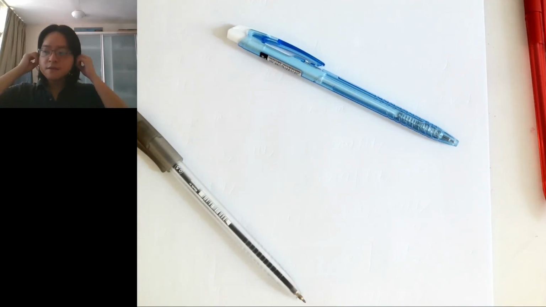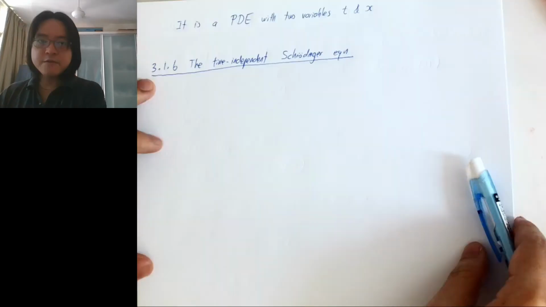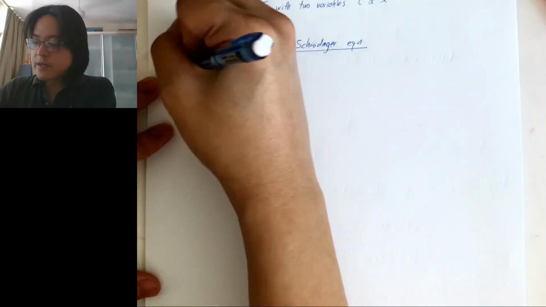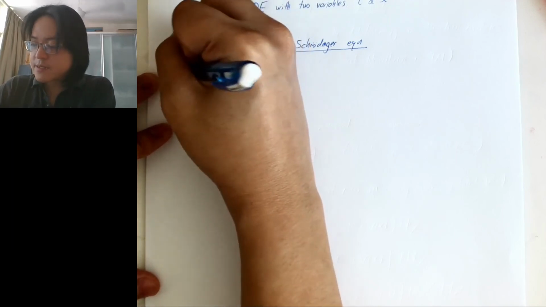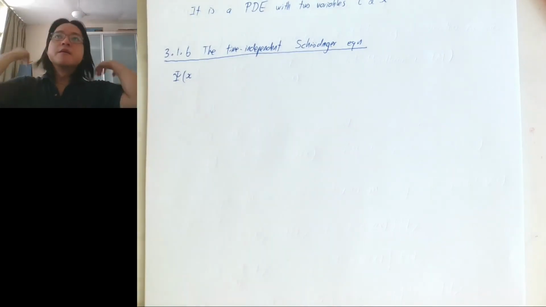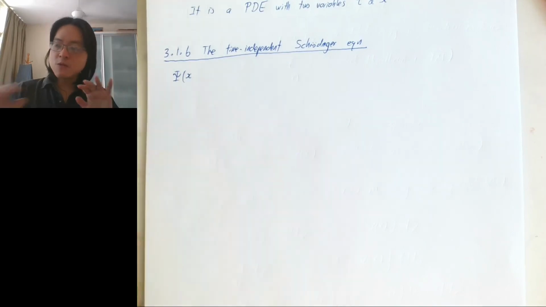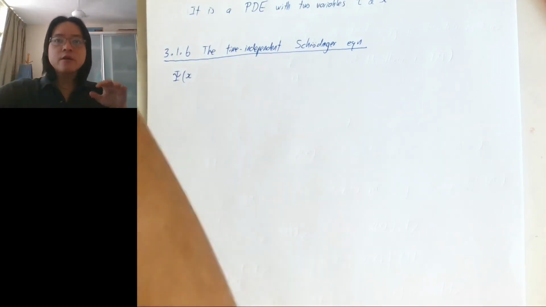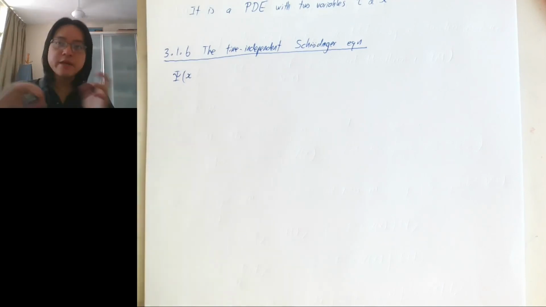So how do we derive the time independent Schrödinger equation? Let me write down the equation again. My position wave function is a function of position, but we want to describe how the state changes over time. In general, as time goes on, the probability distribution of the particle might change, depending on the situation.